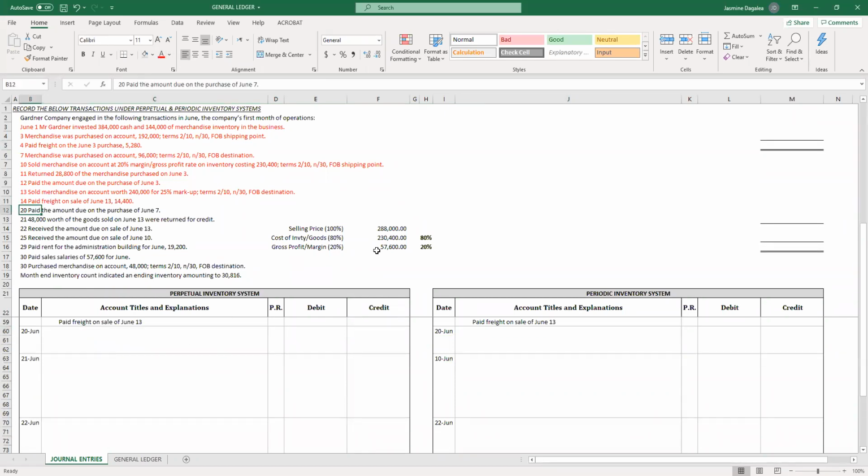Next is June 20, paid the amount due of the purchase of June 7. So, ang purchase niya ng June 7 is 96,000 terms 2/10 net 30 FOB destination. So, 2/10 net 30. Count nyo kung within discount period ba siya. So, 7, 8, 9, 10. Okay, 14 days na siya.